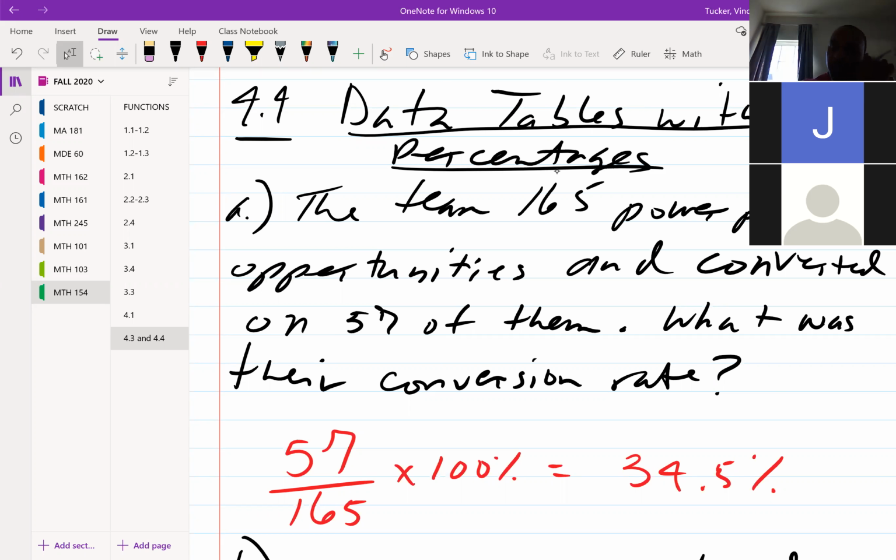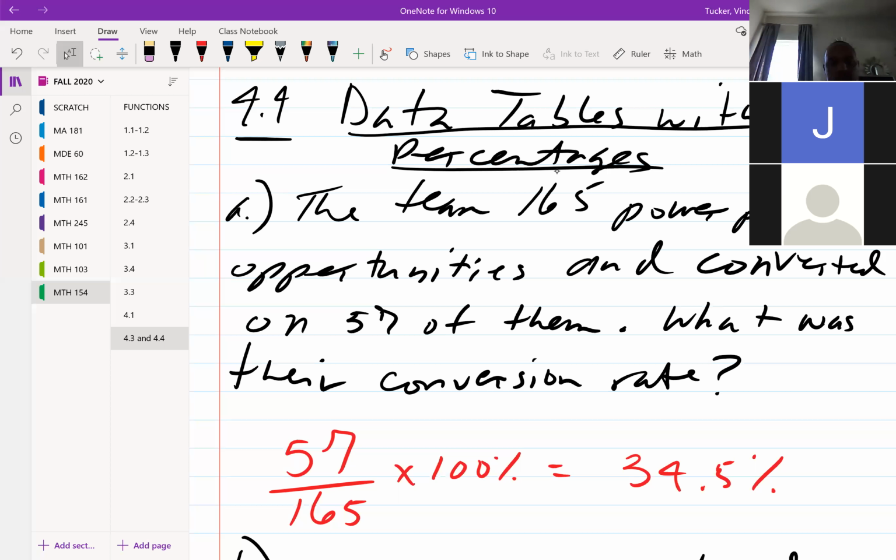It says going into the quarterfinals of a hockey tournament, a certain team led the league in power play conversions. A power play occurs when one team gets a penalty so that they lose a player. This results in a 5-on-4 situation. Converting on a power play means that the team with the player advantage scores a goal in the time allotted.